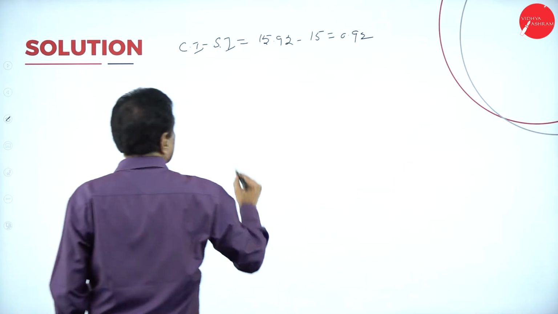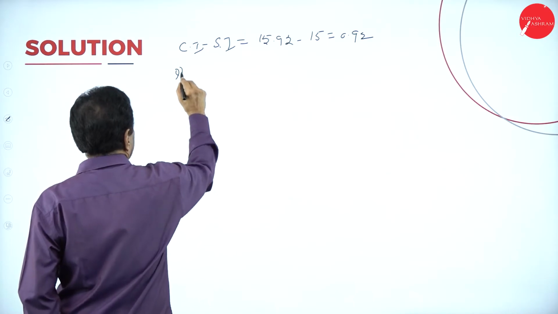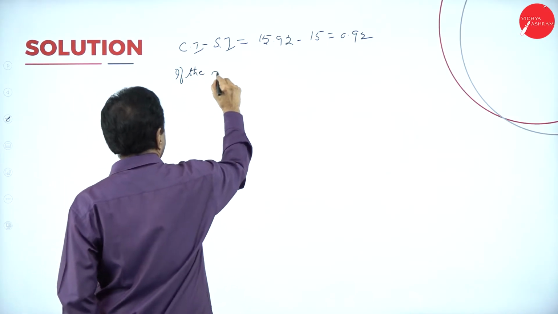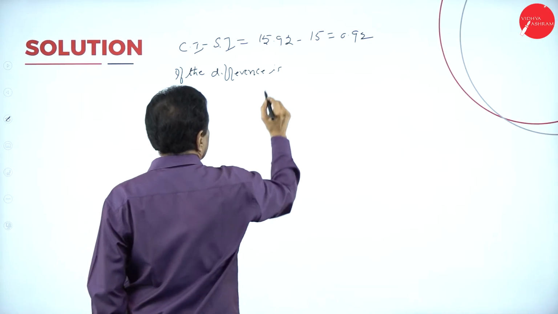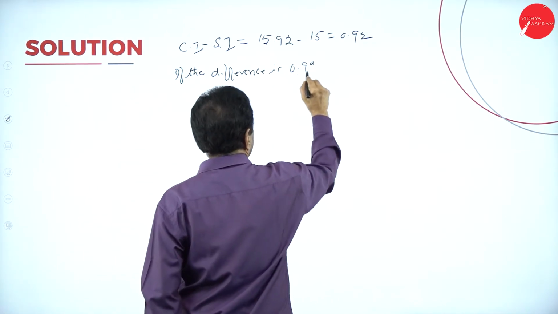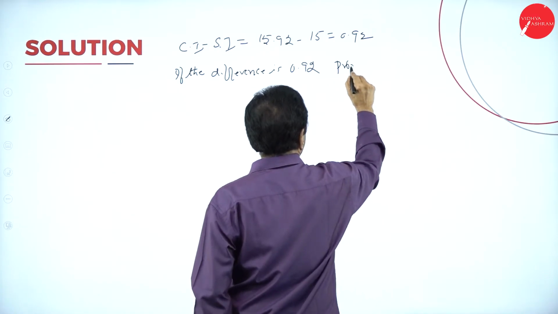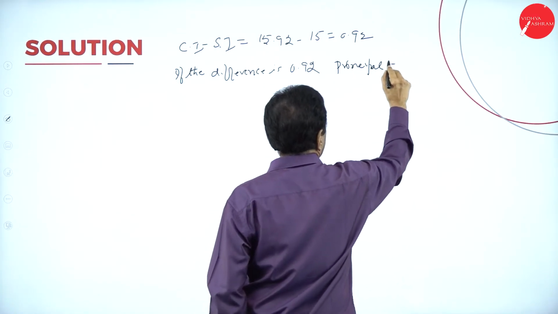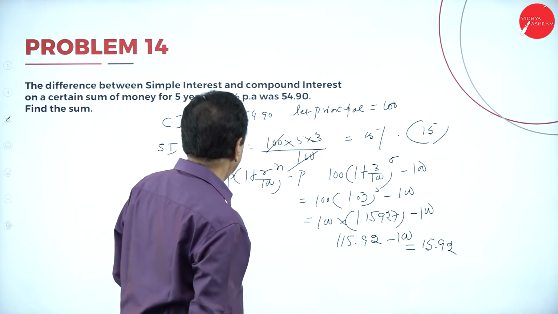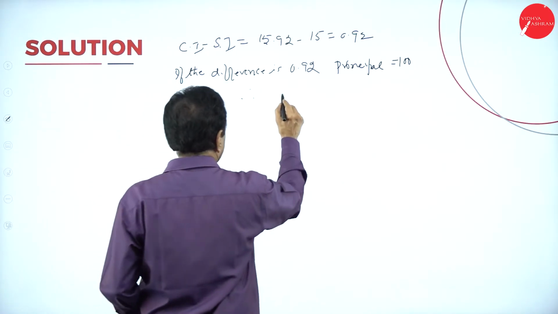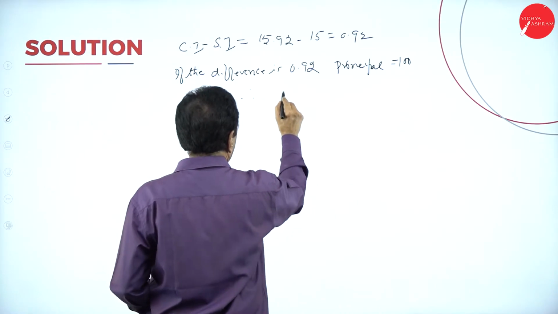So if the difference is 0.92, the principal is equal to 100. The problem says the difference is 54.90.